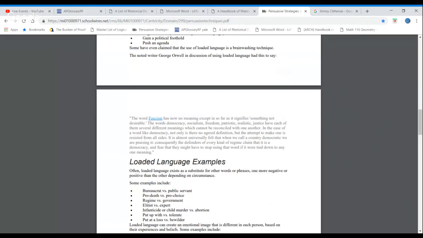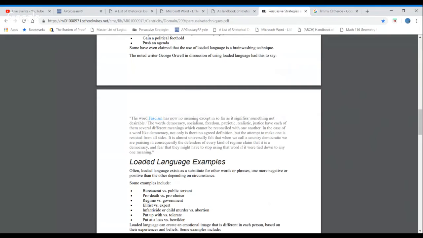The word fascism has no meaning except insofar as it signifies something not desirable. The words democracy, socialism, freedom, patriotic, realistic, justice have each of them several different meanings which cannot be reconciled with one another. In the case of a word like democracy, not only is there no agreed definition, but the attempt to make one is resisted from all sides.